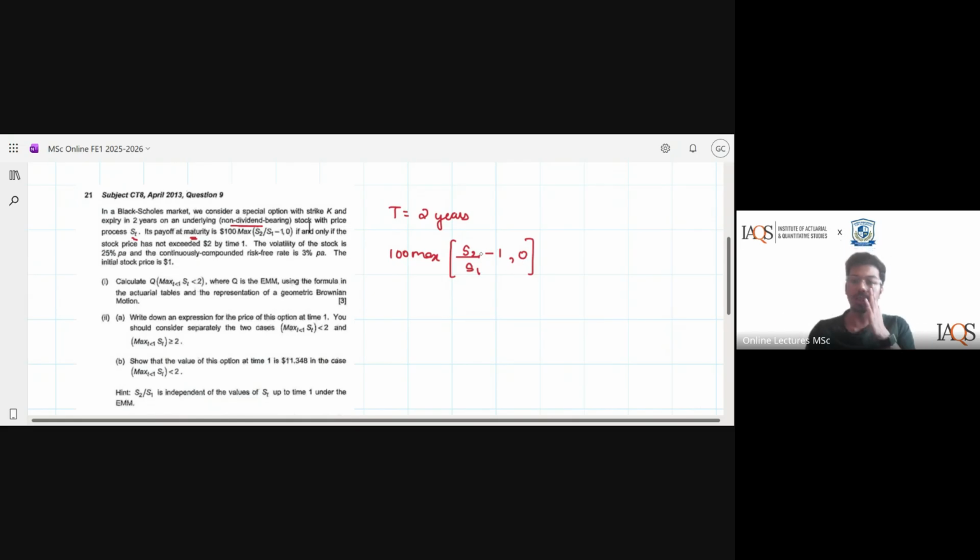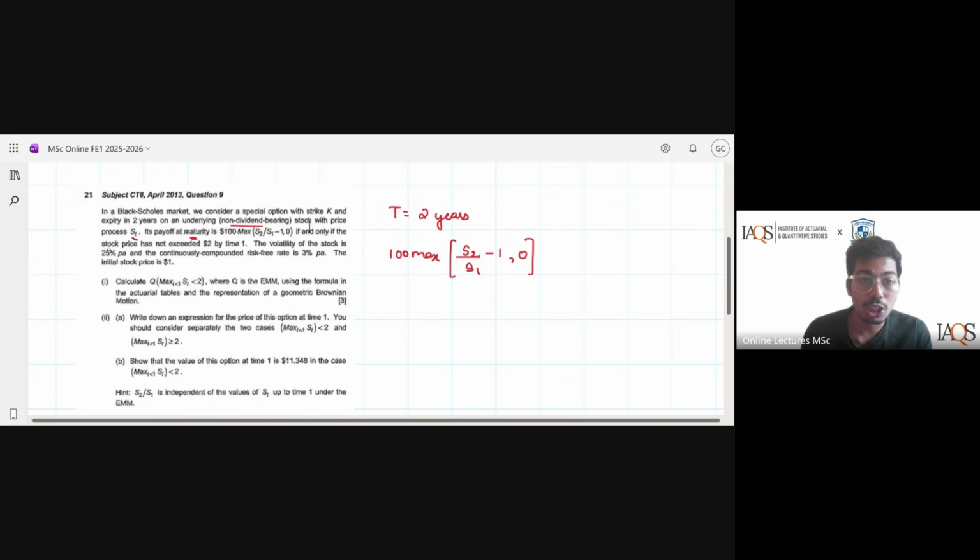Where what is S2 and S1? It is the underlying asset price at time 2. It is the underlying asset price at time 1. So they are breaking the entire 2 years into 2 time steps. 1 year and the next 1 year. Fair enough? Where the spot price at the end of 1 year is called S1. The stock price at the end of the second year is called S2. And you will receive the payoff 100 of max of S2 by S1 minus 1 comma 0.